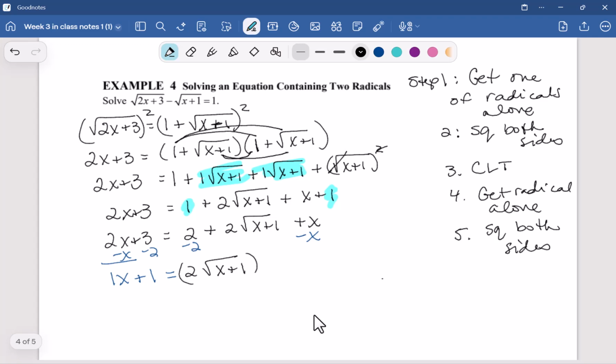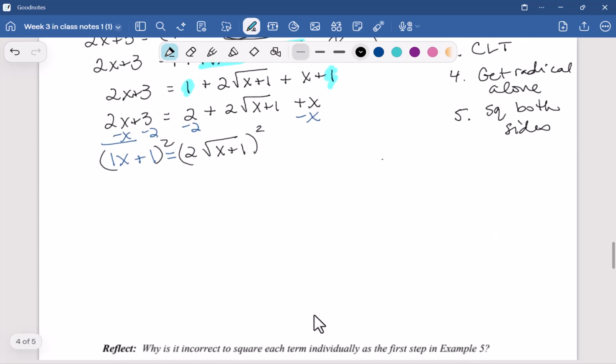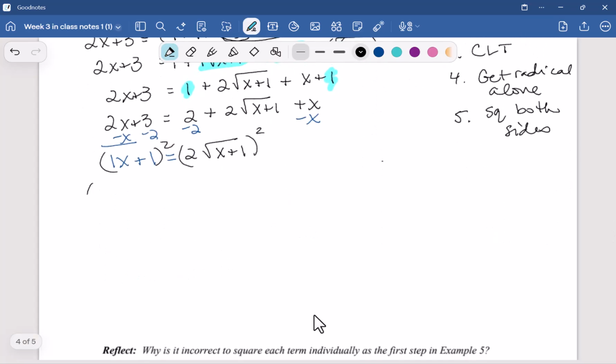So I square both sides. Okay, so I write it twice, x plus 1, x plus 1. This side, I'm squaring both sides. So if I write it twice, I would have 2, you know what, I'll just write it twice. 2 squared of x plus 1 times 2 squared of x plus 1.